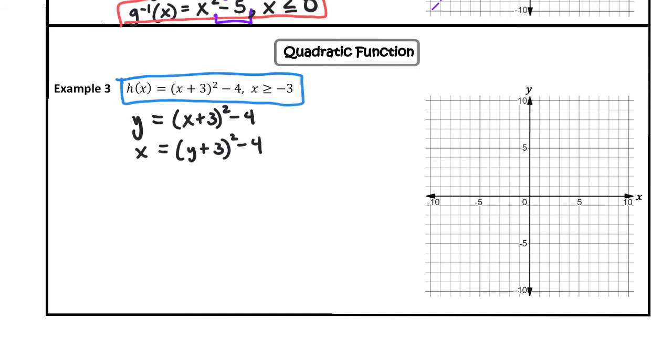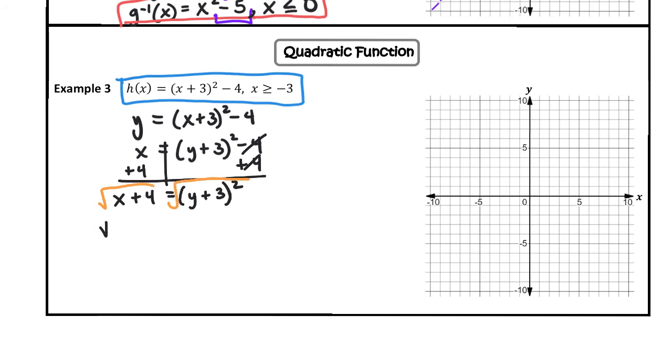Right. So when solving for y, we want to get the squared part by itself. So I would get rid of the minus 4 by adding 4. I get x plus 4 on the left. These cancel, and I get y plus 3 squared. And then to get rid of the square, I have to square root both sides.